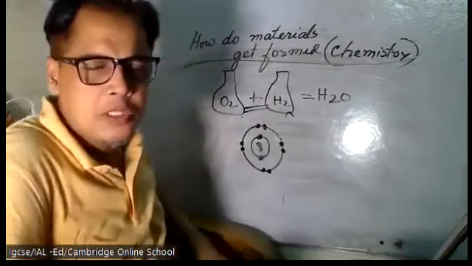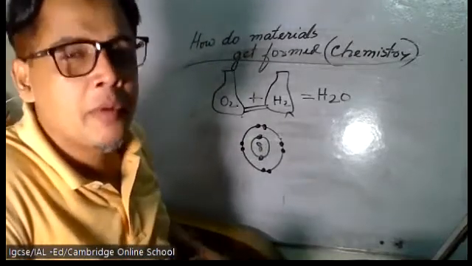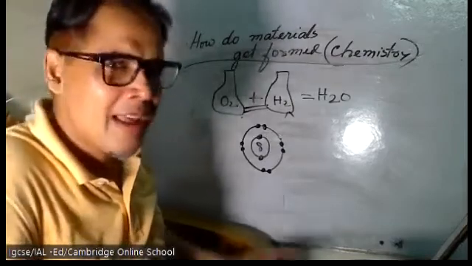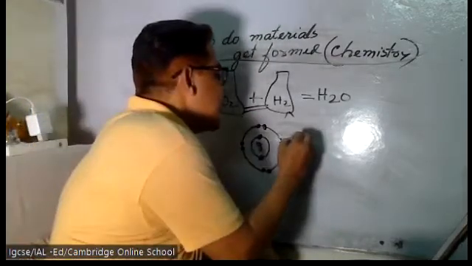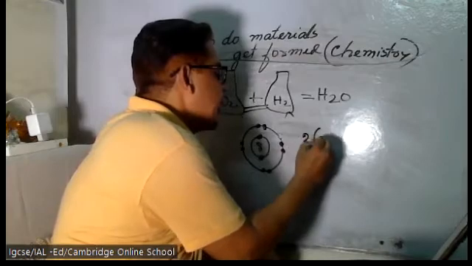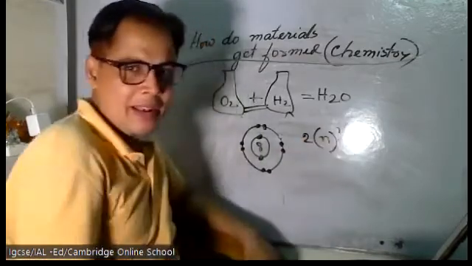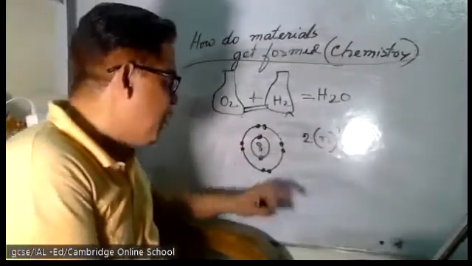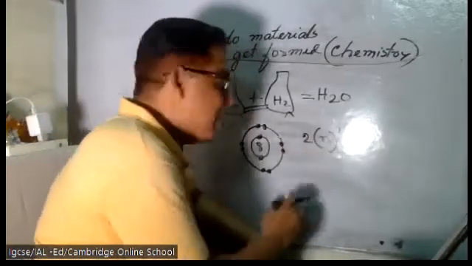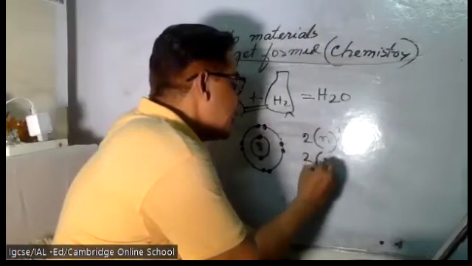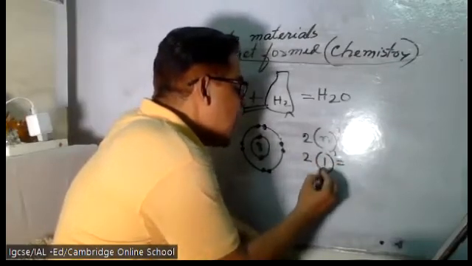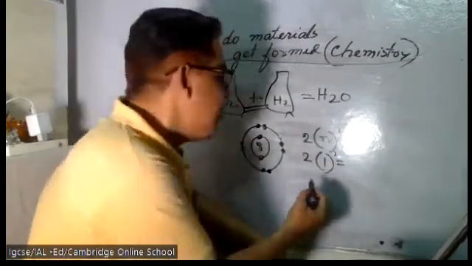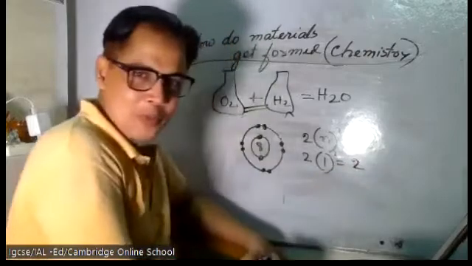But you may raise a question: what is the formula of the decoration? Fine, there is a system, Baba. That is 2n square. Instead of n, if you put 1, 1 square, 1 into 2, that will be 2.